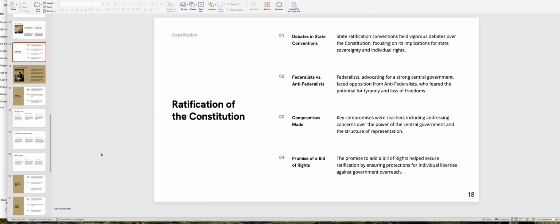But that line was so important: if we don't give the power to the central government, the federal government, then that responsibility is assigned to the state.